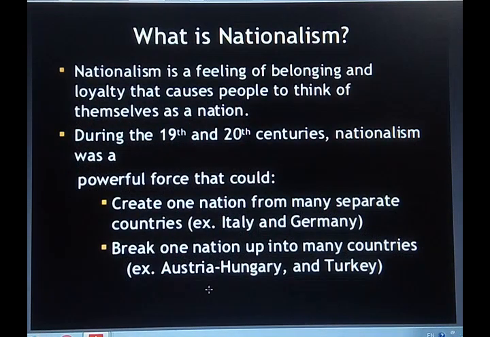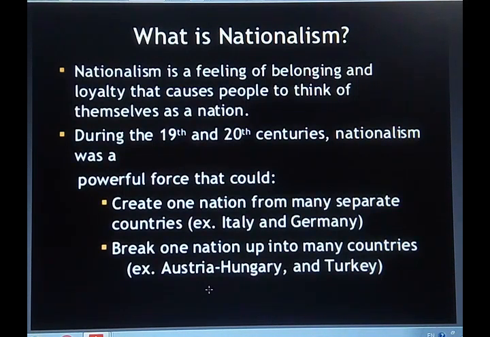Now definitely the question arises, what is nationalism? What is nationalism? राष्ट्रवाद किसे कहते हैं? Nationalism is a feeling of belonging and loyalty that causes people to think of themselves as a nation.